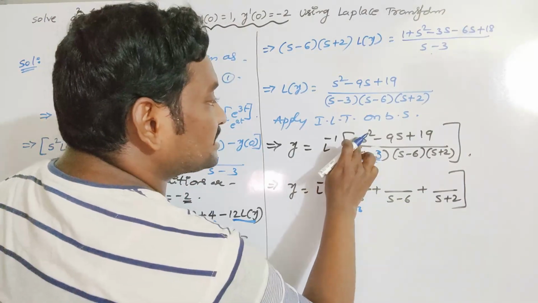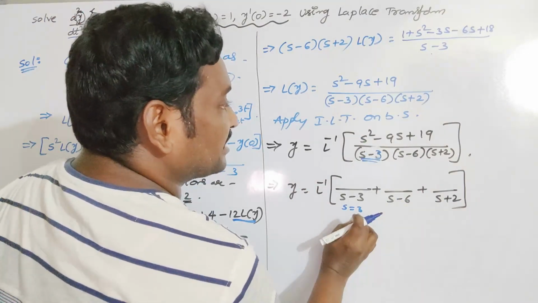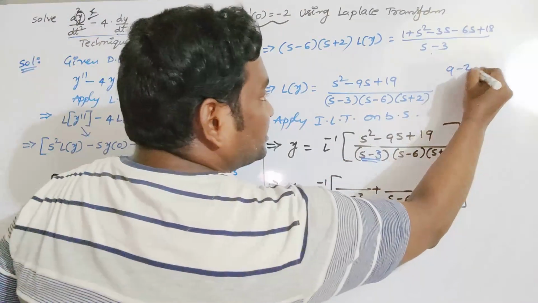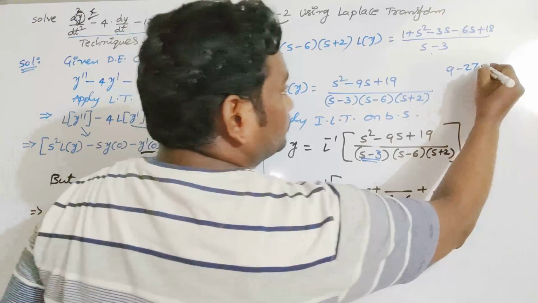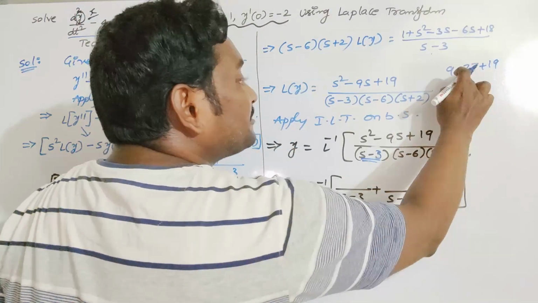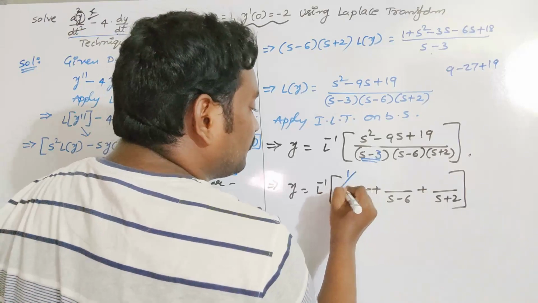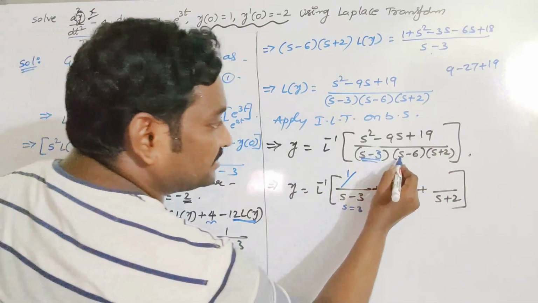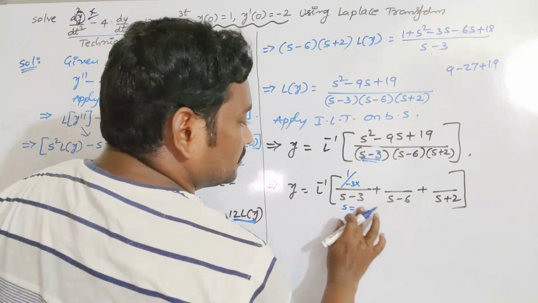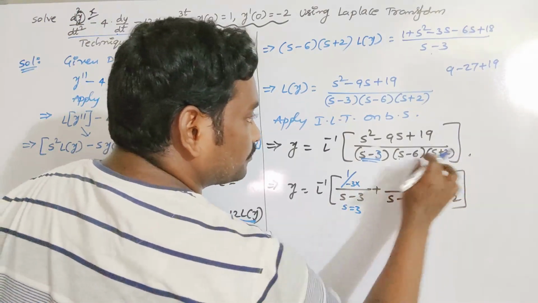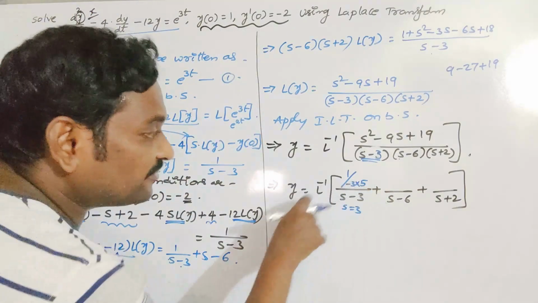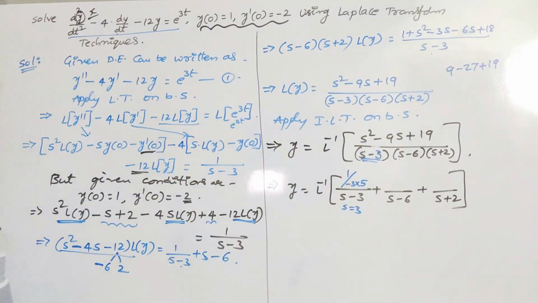So s square means 9. 3 square 9 minus 9, 3s are 27 plus 19. So 9 plus 19 is 28. 28 minus 27 is 1. 1 is the numerator. And 3 minus 6, minus 3, into 3 plus 2. 3 plus 2 is 5. So minus 1 by 3 5s are 15. Minus 1 by 15 is the A value.